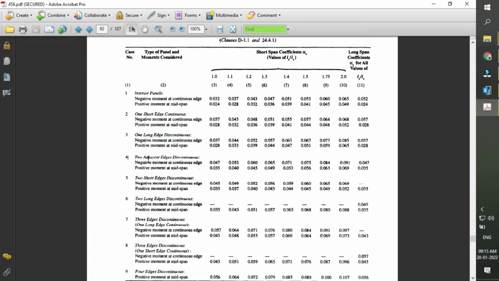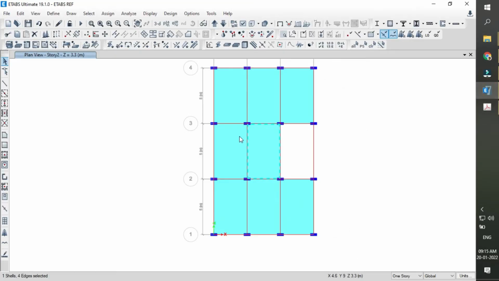And the fourth one is two adjacent edges discontinuous. Let me again undo this.